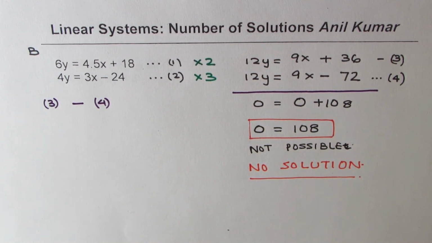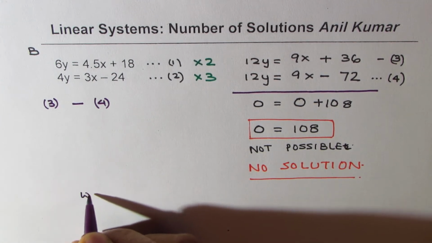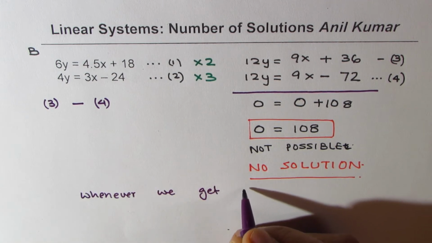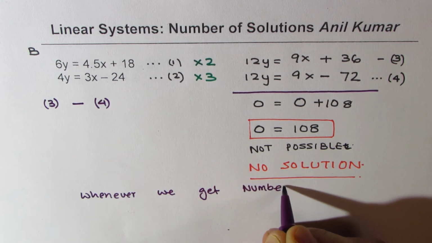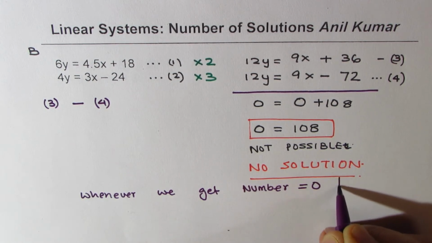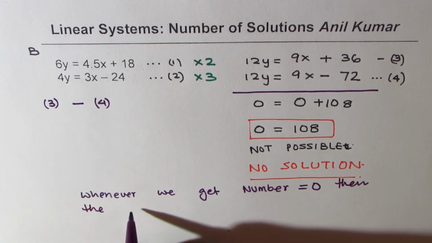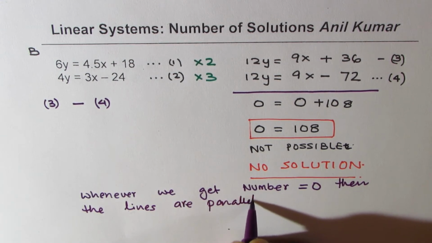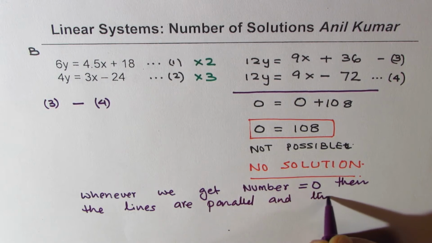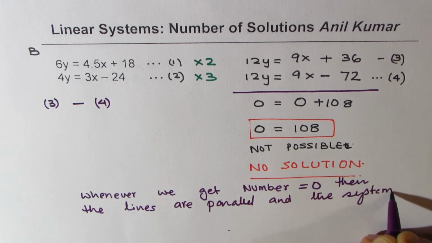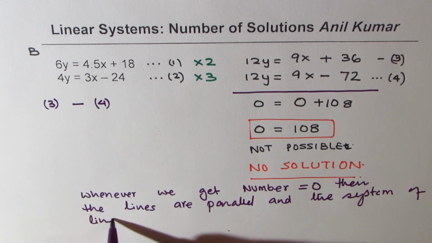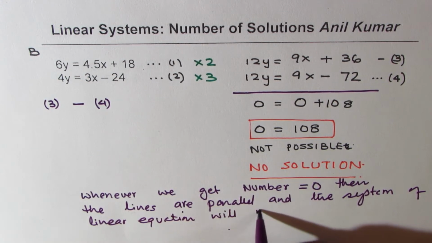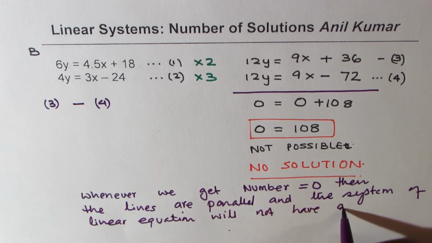So what do we conclude here? Whenever we get some non-zero number equals to 0, then the lines are parallel and the system of linear equations will not have any solution.